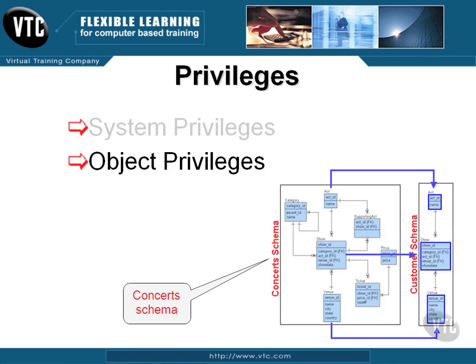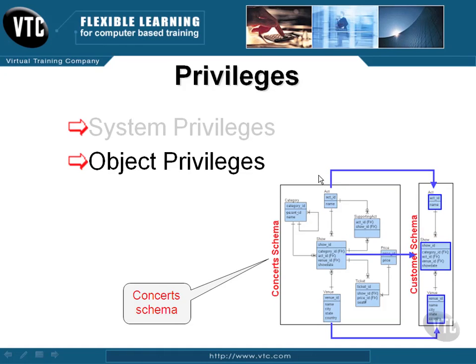The object privileges, on the other hand, allow you access to something such as the objects in the concerts schema. So in this case, if an end user had access to the ACT table as a select privilege, it means that that end user would be able to go into this particular schema in this database by whatever means, either by a direct Oracle user created for that specific user or through an application server, and that user would be able to select the data from the ACT table.